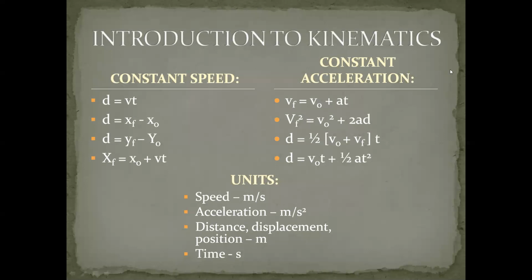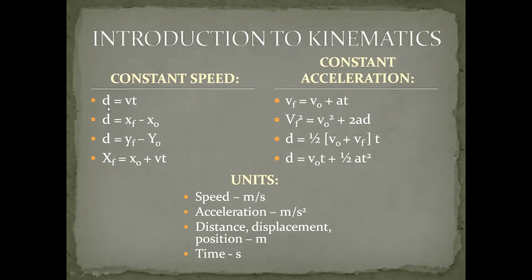So, in kinematics, we have a lot of different formulas. These are just some of the ones most commonly used. Under constant speed, we have d is equal to vt, where v can either represent velocity or speed. If v represents speed, d will represent distance, because speed and distance are scalar. If v represents velocity, d will represent displacement.